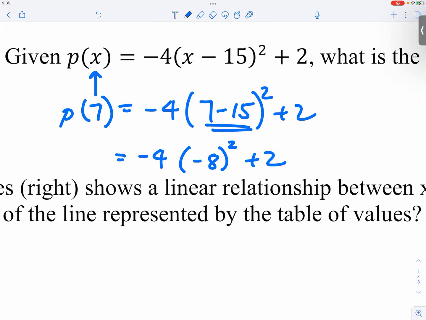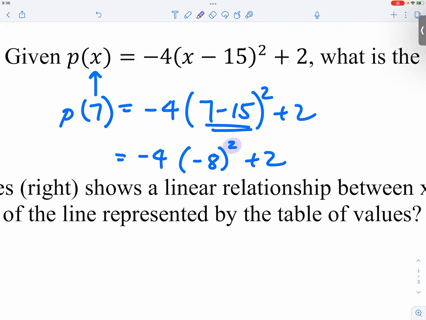Do you know PEMDAS? All right, if you know, great. And now on to the second challenge. Hey guys, what's the meaning of the notation here, square? What's the meaning of square? Multiply by itself, right? Multiply by itself. So what do we have here? We have negative 8 squared.